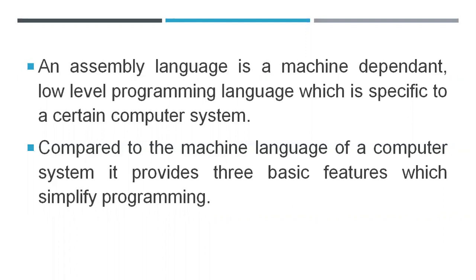Compared to machine language of a computer system, it provides three basic features which simplify programming. This sentence is very much important. These three basic features are compared with machine language of a computer system. So this is the difference between the features of assembly language programming and machine language programming.